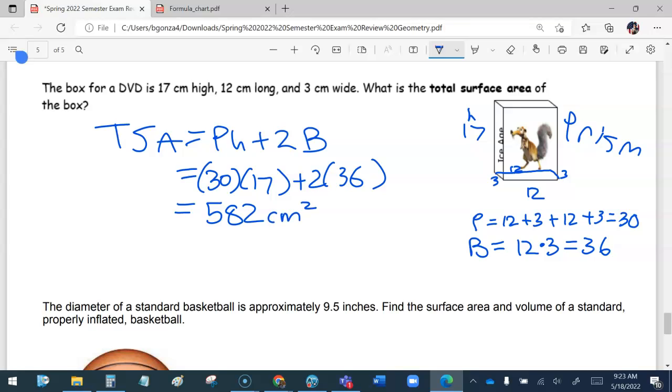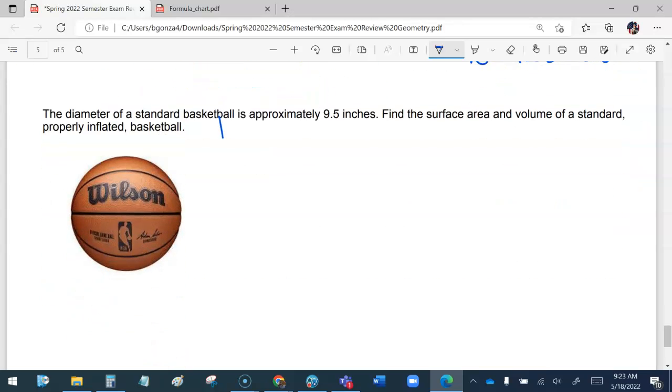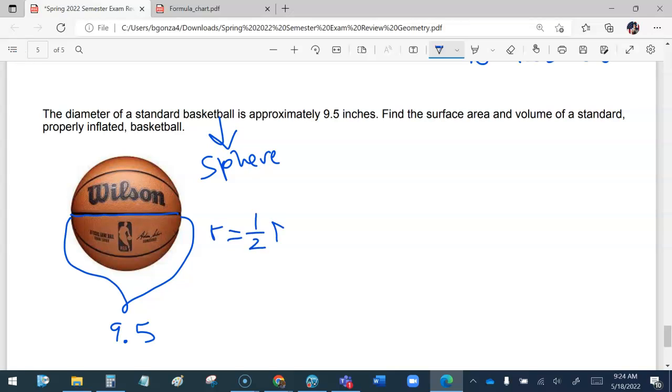Okay. Last but not least, we have a standard basketball. Basketball is a what? Sphere, approximately 9.5 inches. So that means all the way across is 9.5. So the radius is half the diameter.